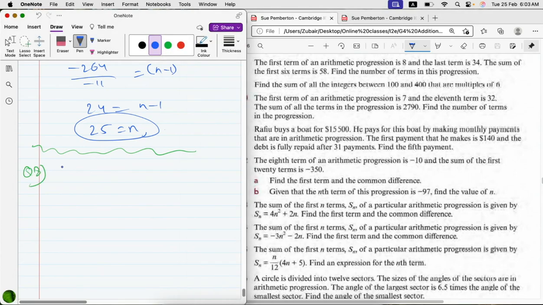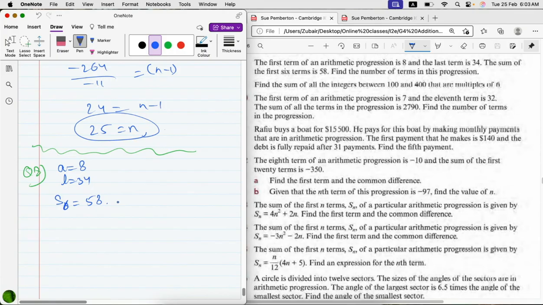Question 8. The first term of arithmetic progression is 8 and the last term is 34. The sum of first 6 terms S6 is equal to 58. So we need to find the number of terms.